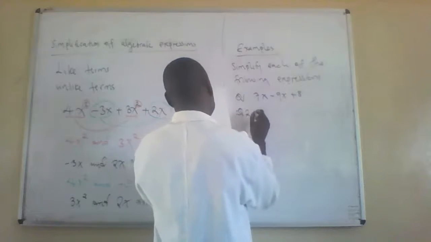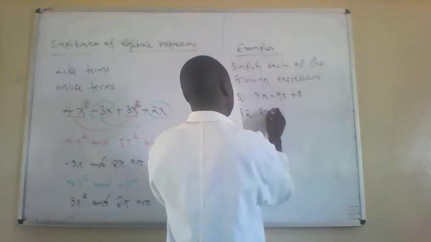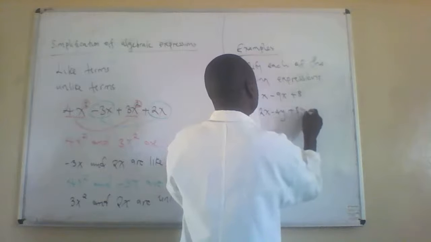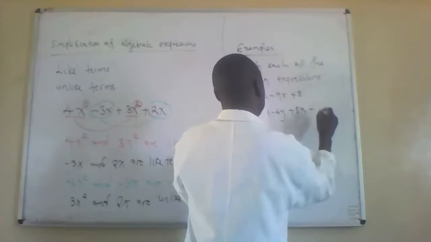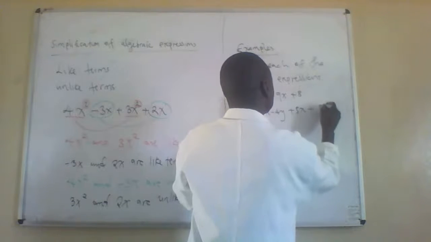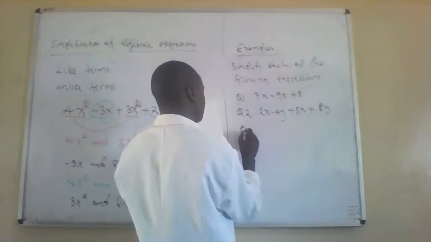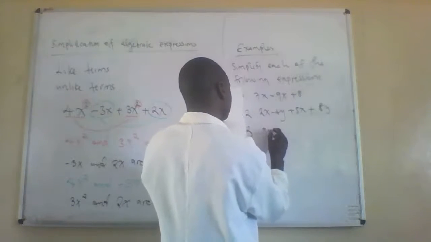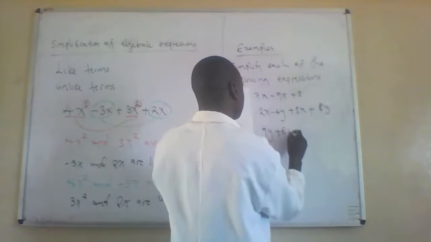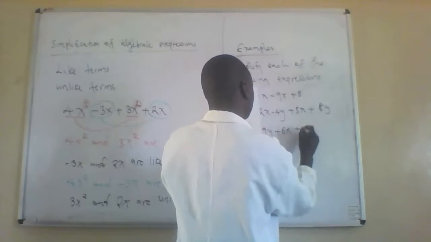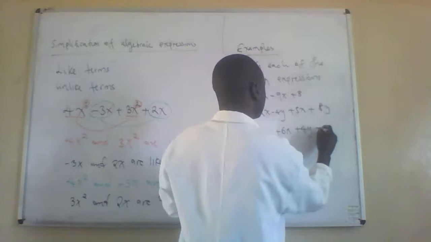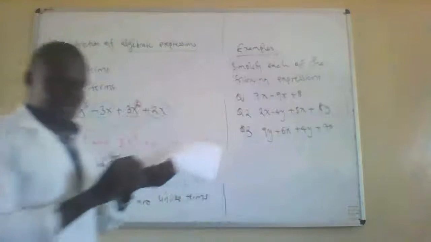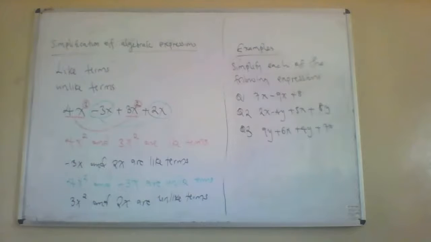Question 2: the expression is 2x minus 4y plus 5x plus 8y. Then the third and the last expression is 9y plus 6x plus 4y plus 7x. So these are the expressions that are given before us.